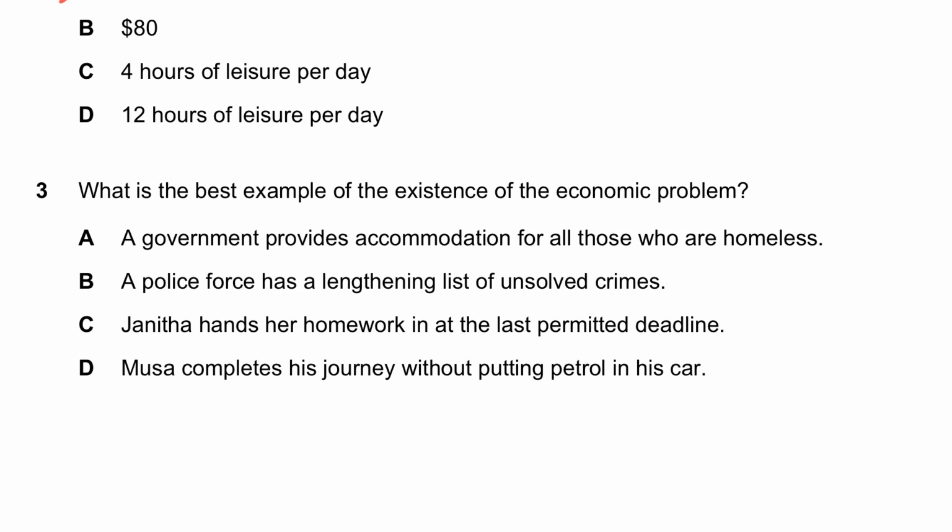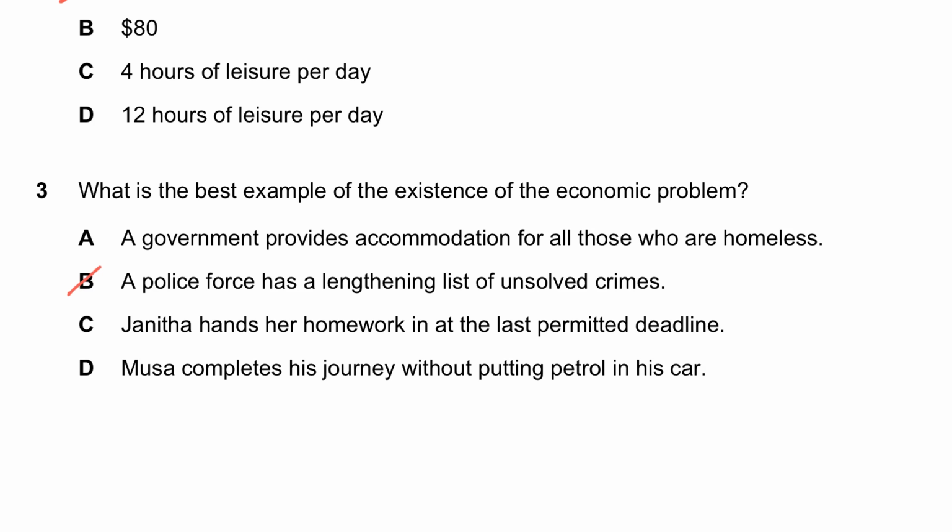B says a police force has a lengthening list of unsolved crimes. This could be a possible answer, because if they have a lengthening list of unsolved crimes, this means that they do not have enough resources to solve all the crimes, which means this is scarcity, because they would have to make choices in terms of choosing some cases and not all cases.